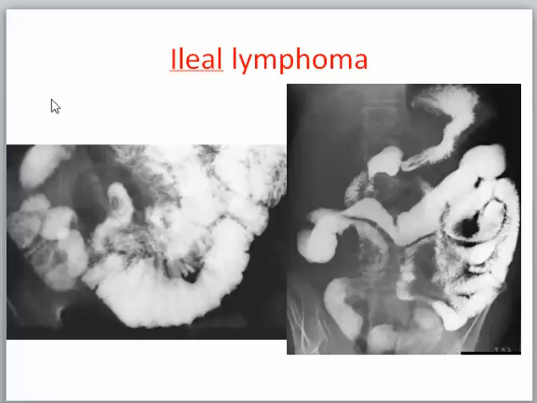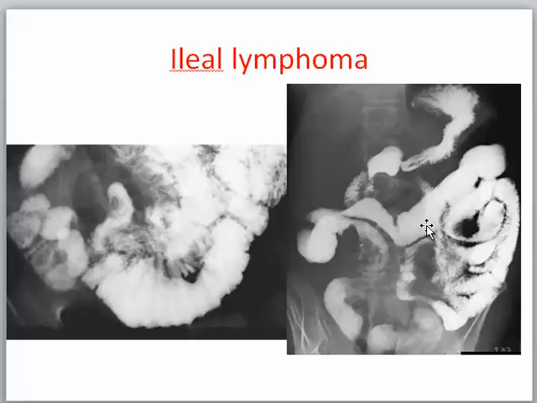Now here, lymphoma. What characterizes lymphoma? First, we have two types of lymphoma intermingled with each other, either primary intestinal lymphoma or lymphoma with secondary GIT involvement.